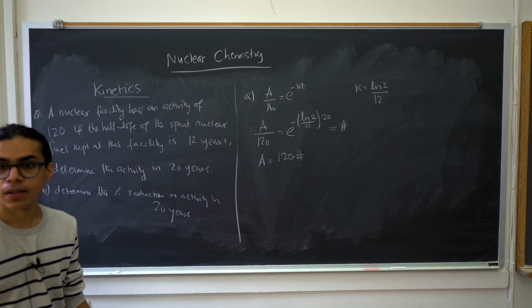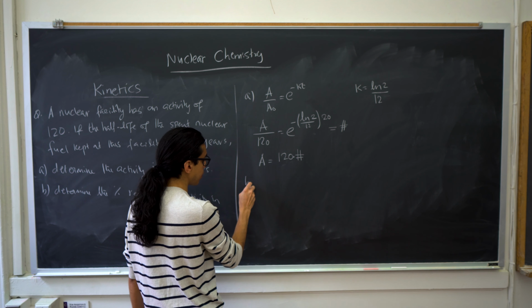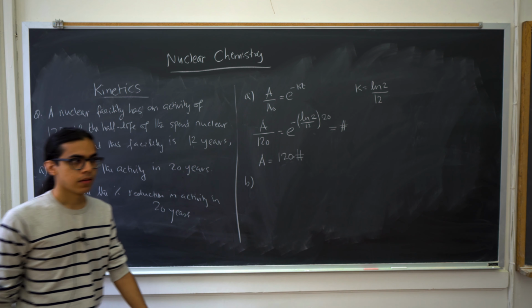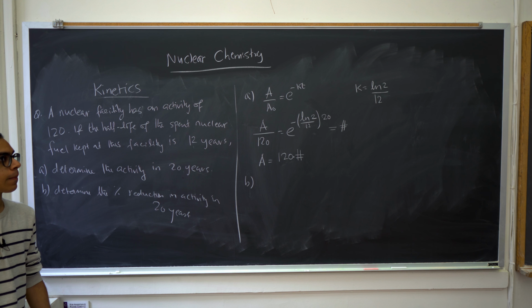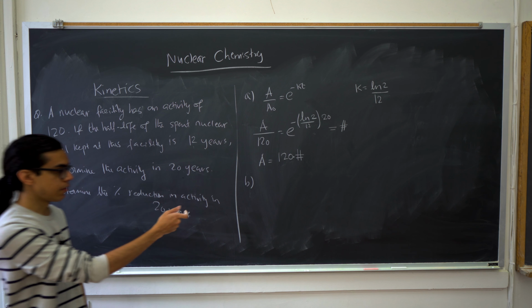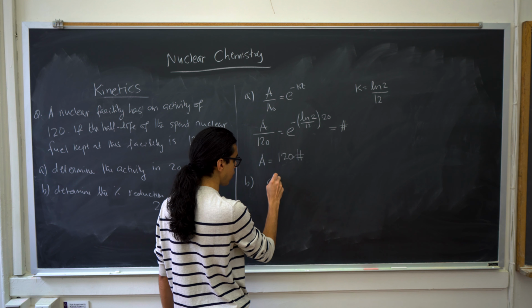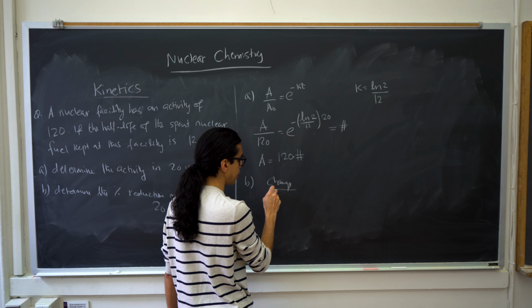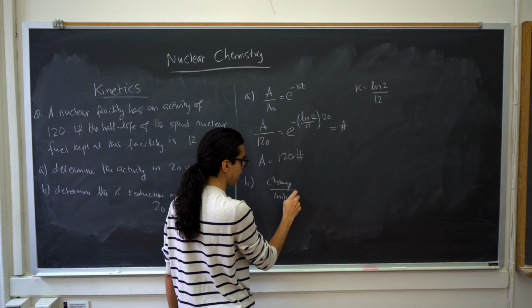Okay. What's percentage reduction? It's how much the activity has changed divided by initial. Reduction or increase percent is always change divided by initial times 100, right?